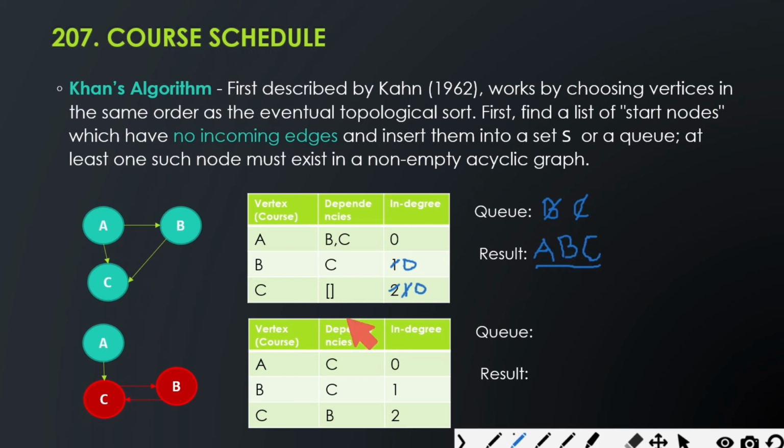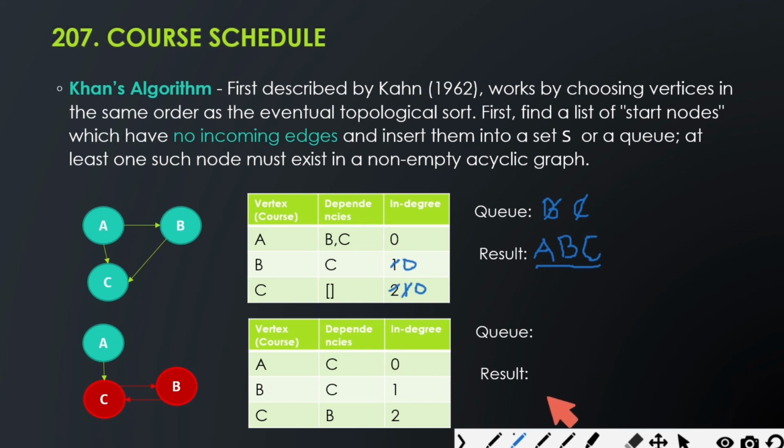All right. How about now for a graph that has a loop, or non-DAG graph? Okay, so we start like usual with the start node, which would be A again in this case.